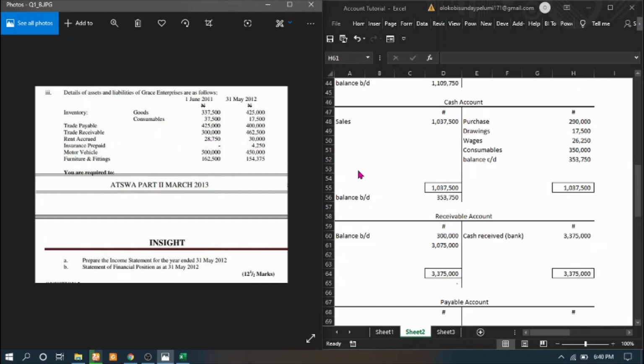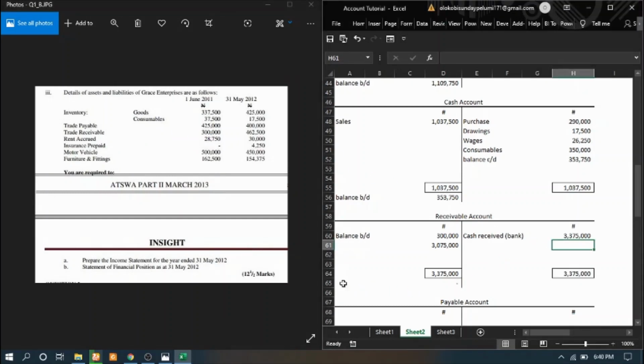Alright, so what is the closing balance? At the end of the period, they have an ending amount of 462,500. That indicates that by next year, they have a beginning balance. So we can have a balance brought down from them by next year.